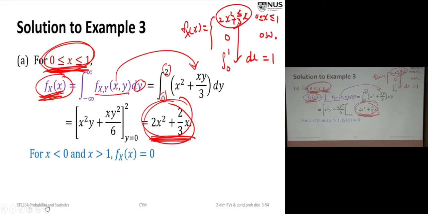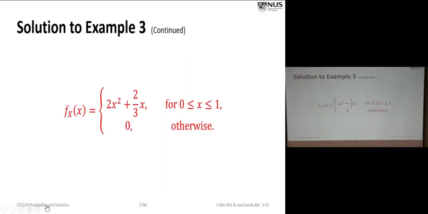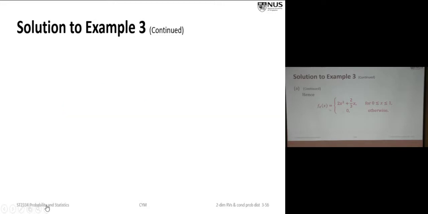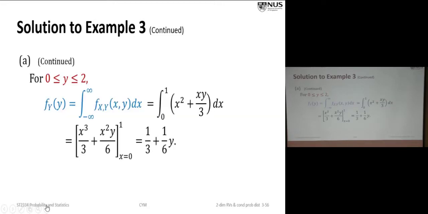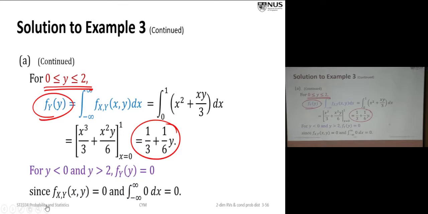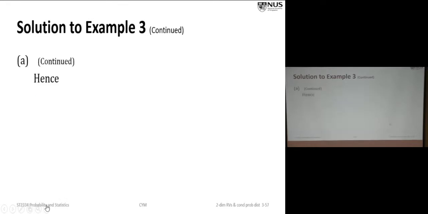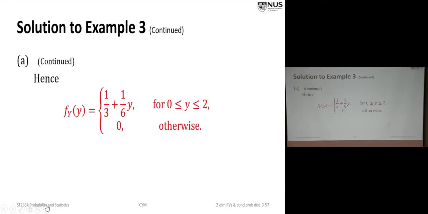So similarly for y, this is the answer, the marginal for x. Similarly for y, I have to specify the range of y for which the PDF of the marginal of y is given by this expression. Okay, so here is the result, the marginal of y.